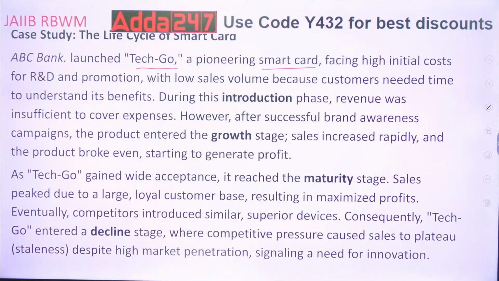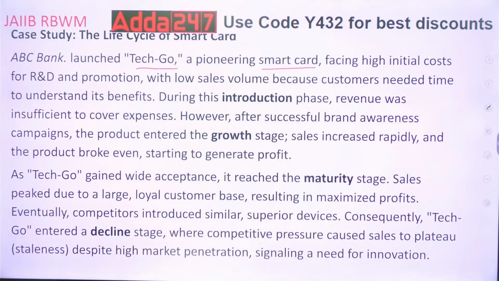However, after successful brand awareness campaigns, the product entered a growth stage. Look at the words, I have marked it bold. Entered a growth stage. Sales increased rapidly and the product broke even, starting to generate profit. So BEP was attained in the growth stage.